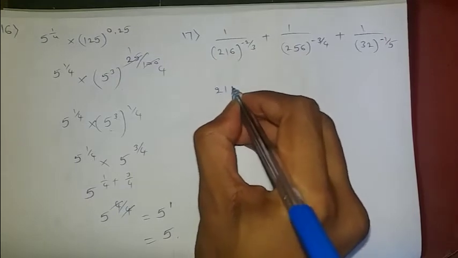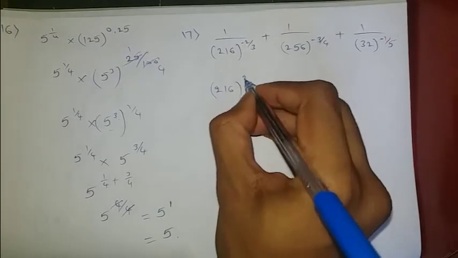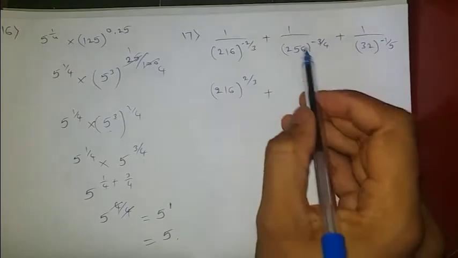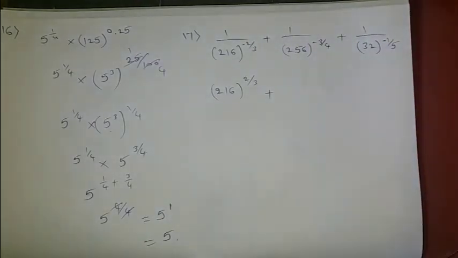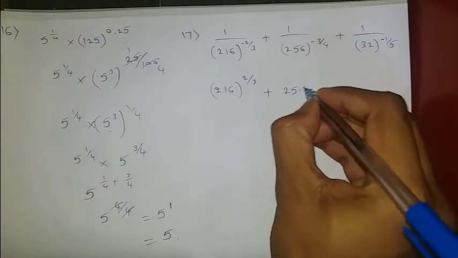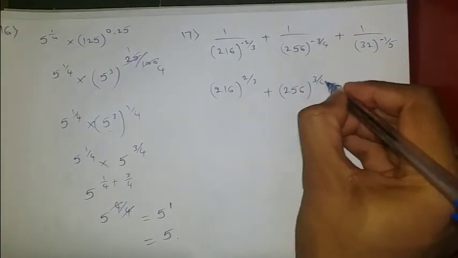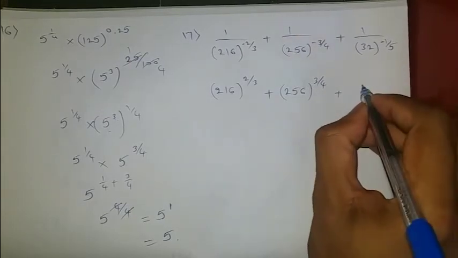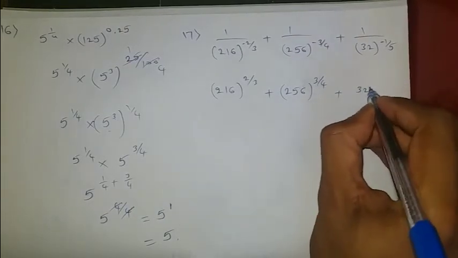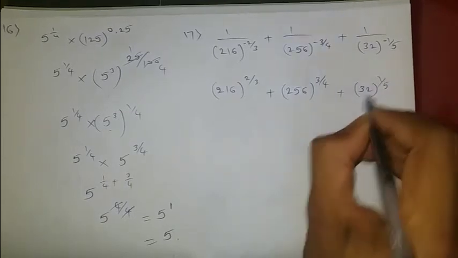That is 216 power minus 2 by 3 will become plus 2 by 3. Here again power is negative, so if you write in reciprocal, we will get 256 power positive 3 by 4, plus 1 by 32 again can be written as 32 power 1 by 5.